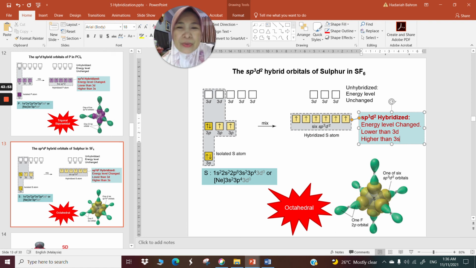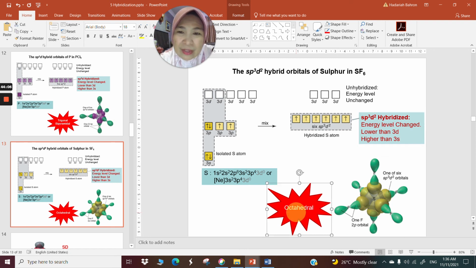And when you recall your VSEPR, making 6 of these arrange themselves in space, they are going to produce octahedral, and octahedral shape is associated with the hybridization of sp3d2.